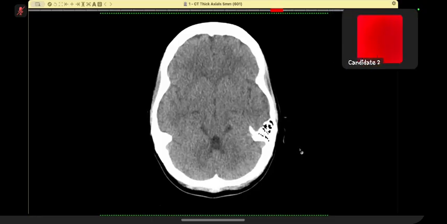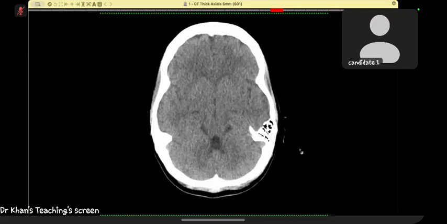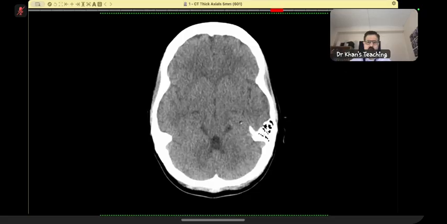So you go to the top of the screen, you will see Dr. Khan's teaching as a tab. So you just click the three dots and then you should. I'm not getting the option. Just go to the top of the screen and do you see that Dr. Khan teaching screen as being shared? Can you see that tab? Yes. Sorry for the delay, sir. I've asked for it. I've approved it.